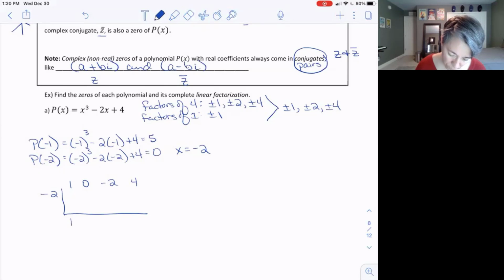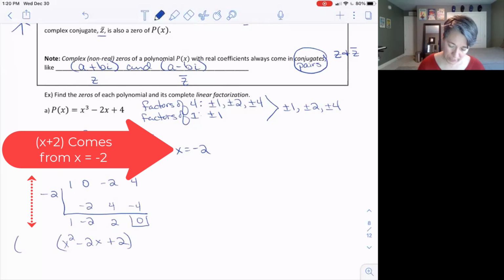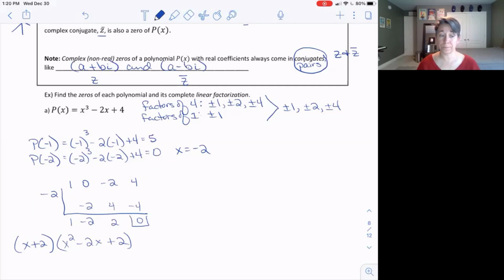Bring the 1 down, multiply, combine like terms, multiply, combine like terms, multiply, and we do in fact get 0 as our remainder. And this gives us an x squared minus 2x plus 2 as our other factor. So this trinomial times the x plus 2 binomial are two factors of that polynomial. But we want to see if we can go further.